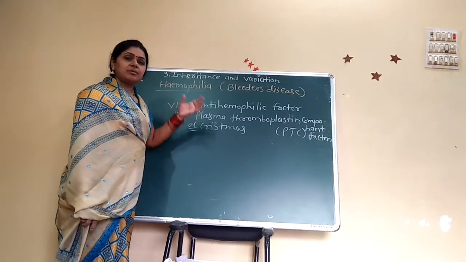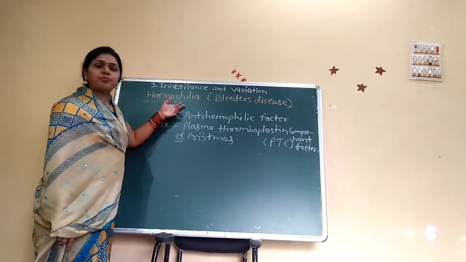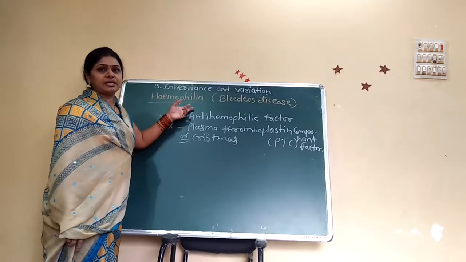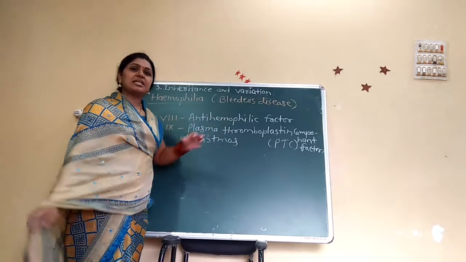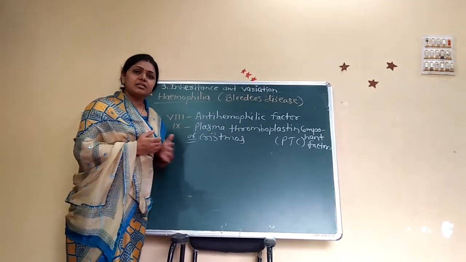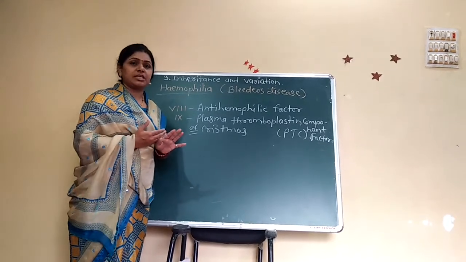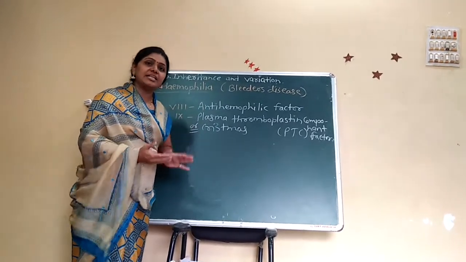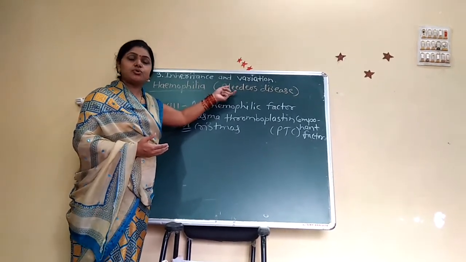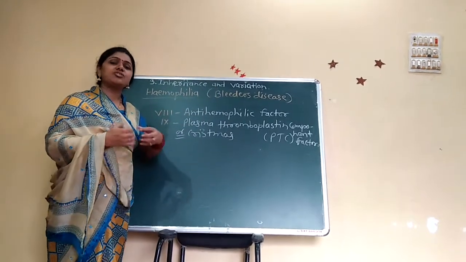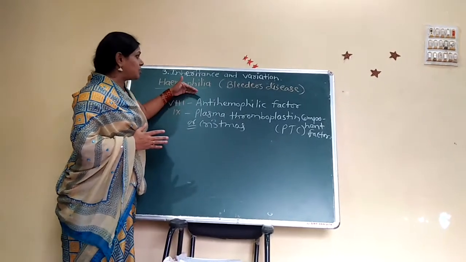The person's blood coagulates very slowly or fails to stop. If a person with hemophilia gets an injury and blood is flowing, that blood does not stop quickly, it keeps flowing. That condition is called hemophilia, also called the bleeder's disease, in which coagulation of blood is very slow or stopped.